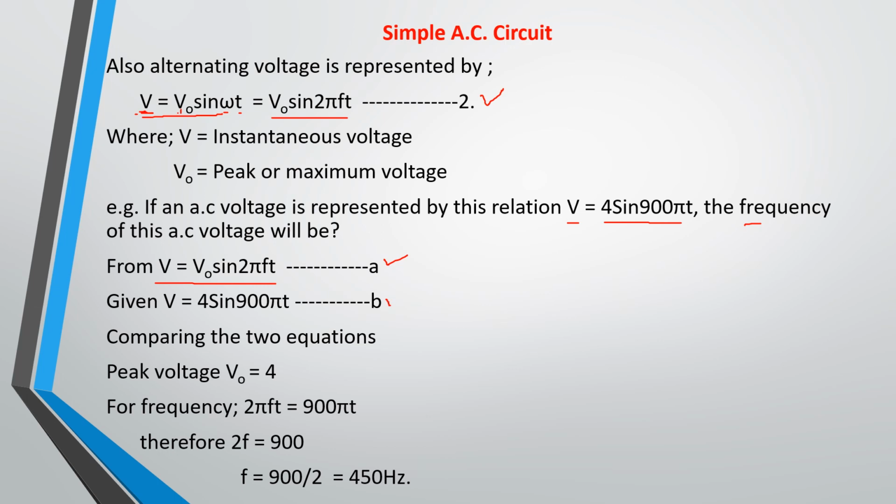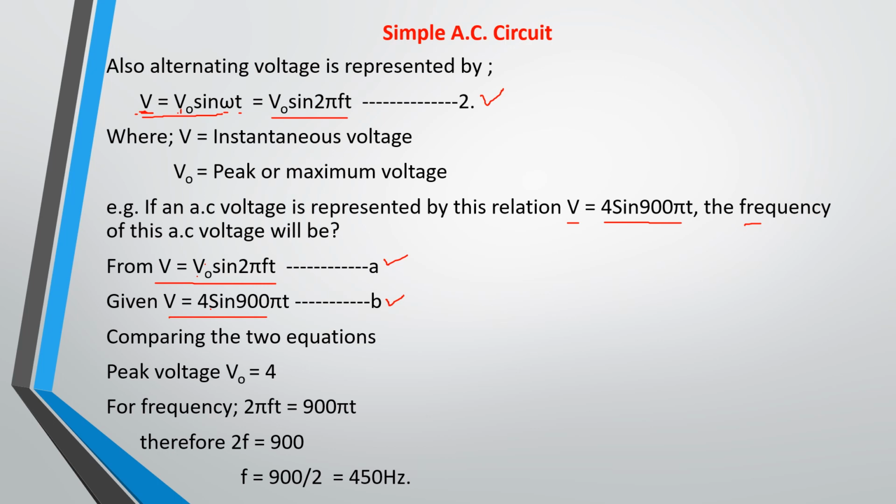If you compare those two equations, you find that the peak value of the voltage V0 is equal to 4. Then 2 pi ft is equal to 900 pi t.